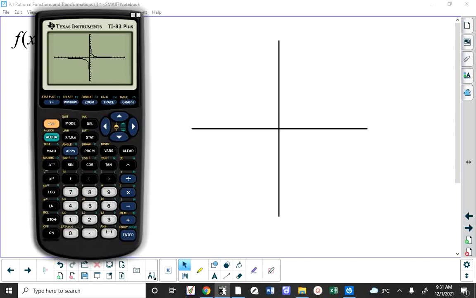And we can get away from that by choosing zoom square. Now what zoom square does is it rescales the axes so that a physical distance on your calculator screen of 5 horizontally is the same as a physical distance on your screen of 5 vertically. So we get a slightly different picture of it. We get a fairer picture.